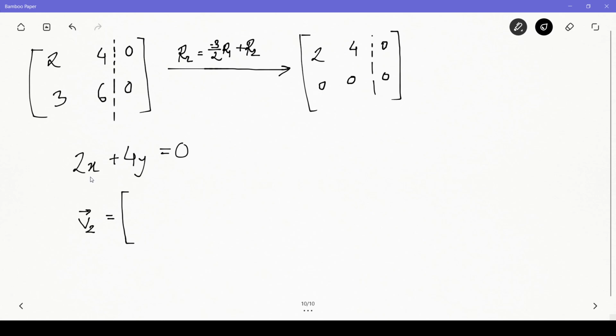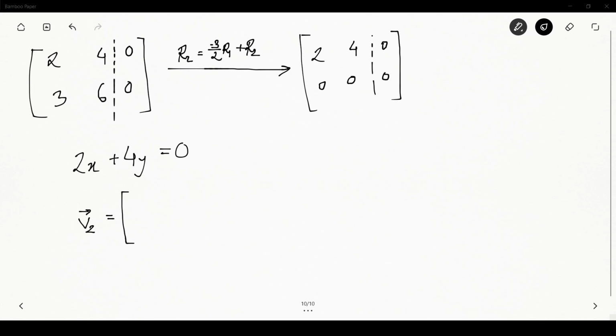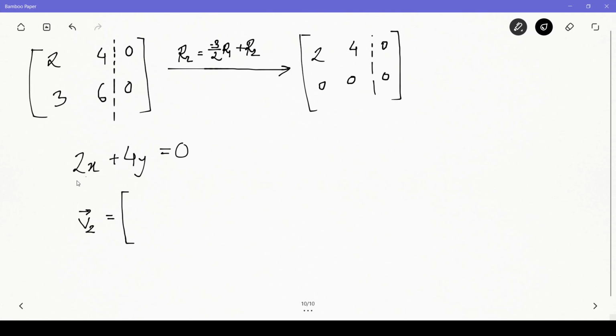Okay, fine. So what can we do over here? If I take the value of x to be minus 2 and the value of y to be 1, I should get minus 2 times 2, which is of course minus 4, and 4 times 1 is plus 4, right? So minus 4 and plus 4 basically nullify each other, and we end up with 0. So minus 2 and 1 is a valid pair of values for satisfying this equation.